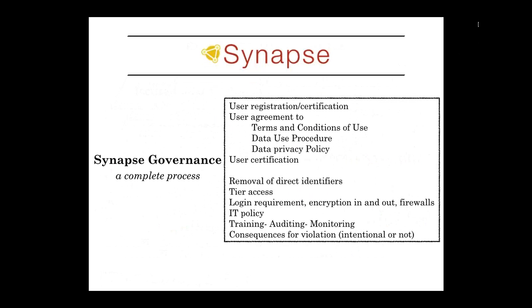But we also provide another level of governance on top of that, where if there is more sensitive data that may require other types of permissions, for instance, an IRB approval, we actually have the ability to layer on top of these web accessible files another layer that a user would have to go through in order to access them.